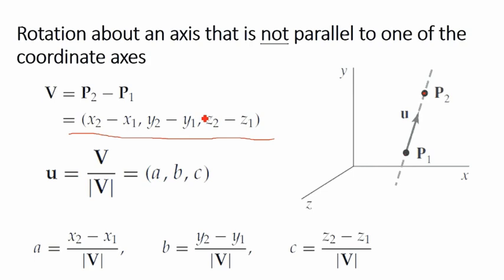Once I have this vector v, I will have to convert it into a unit vector. Let us call this unit vector u. I can convert it by dividing this vector by its magnitude.